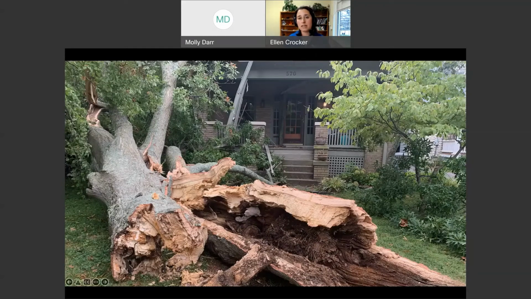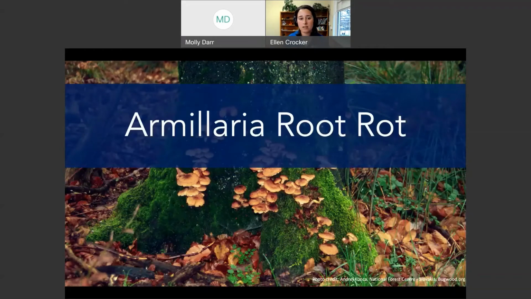And there are many different types of rots and decays, and our time is already pretty much out, so we won't get to discuss them with any depth. But some of the more common ones that I see are things like armillaria root rot, which, if you're really lucky in the fall, you might catch the fruiting bodies and mushrooms of armillaria.